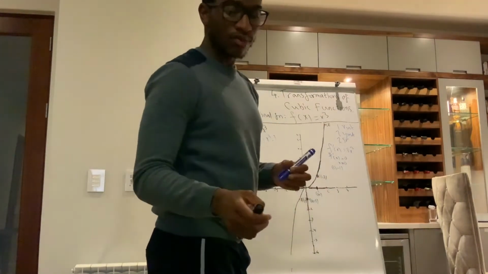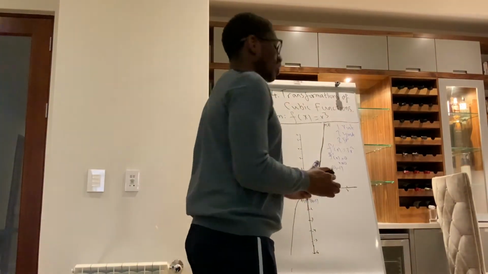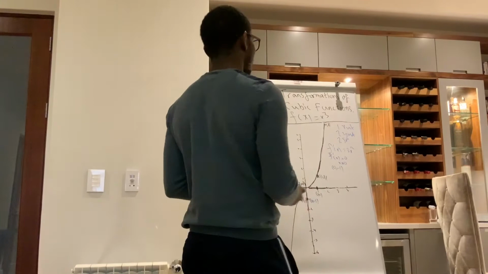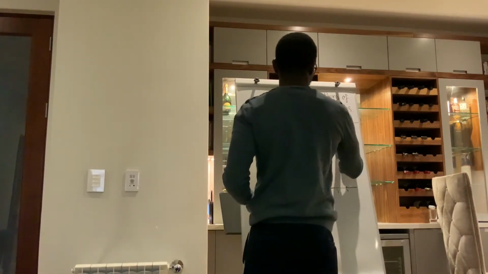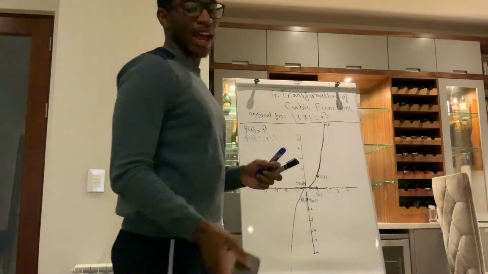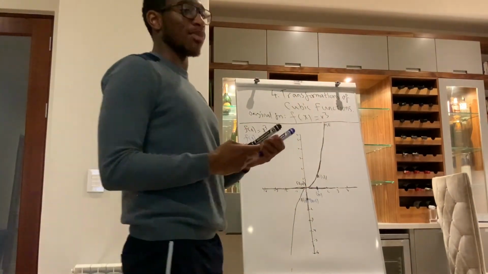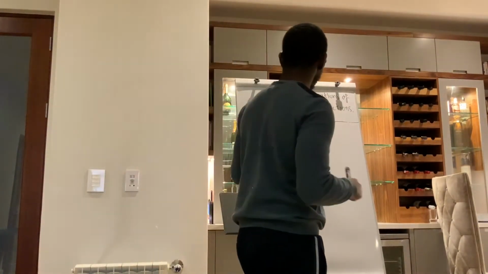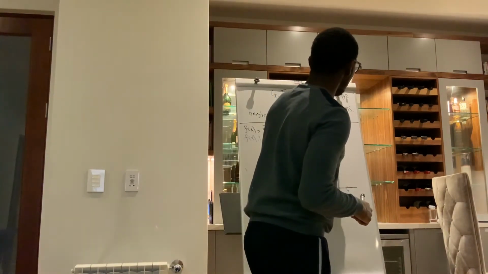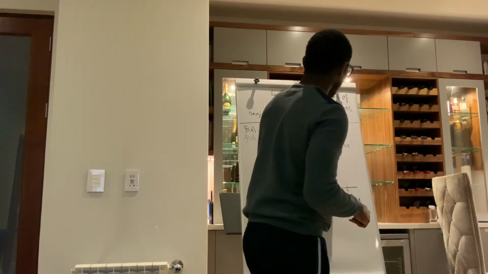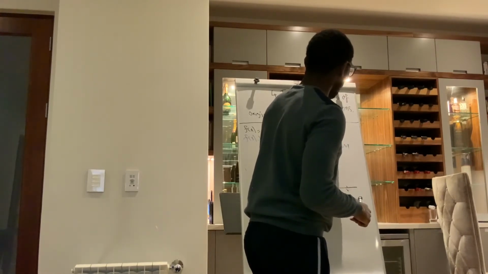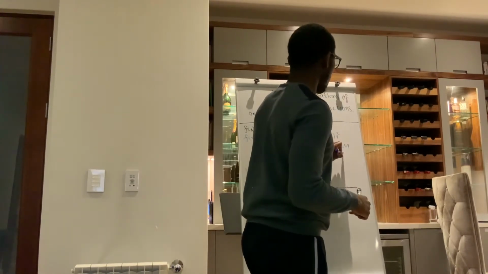And once again, we check to see what type of stationary point we have. Since we know the stationary point of the original function, and we know that this is just a vertical shift downwards of the function, we know that the stationary point is going to be a point of inflection, but we check anyway. So 3x squared is the first derivative, and the second derivative is going to be 6x.